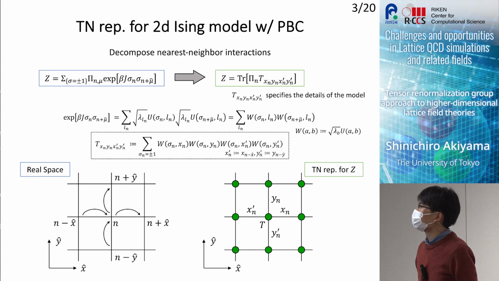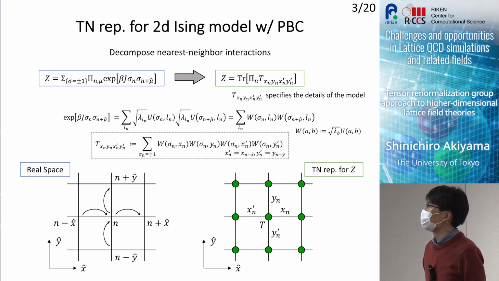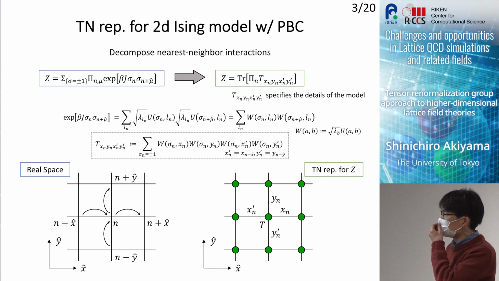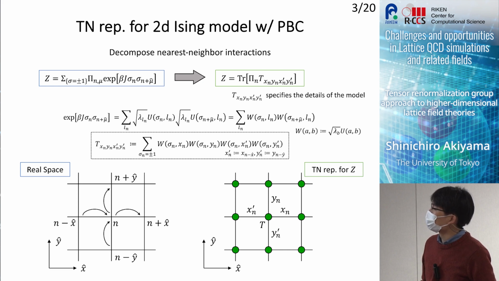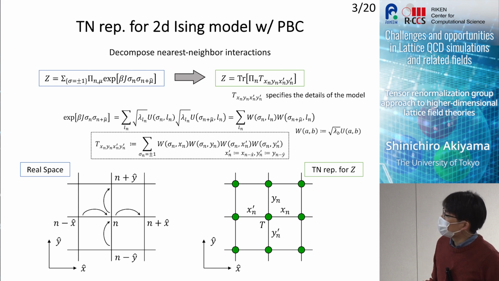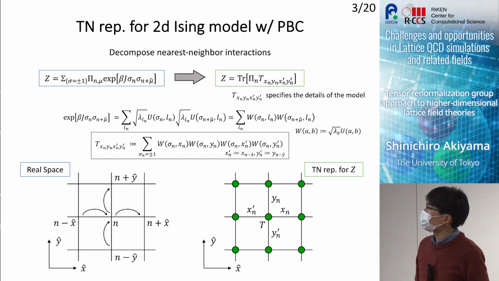So thanks to this decomposition, we can carry out the integration over the original degrees of freedom at each lattice site independently in advance. And because we are considering the two-dimensional square lattice, by collecting the four of this W matrix element, we can regard the result of this integration as a rank-four tensor.